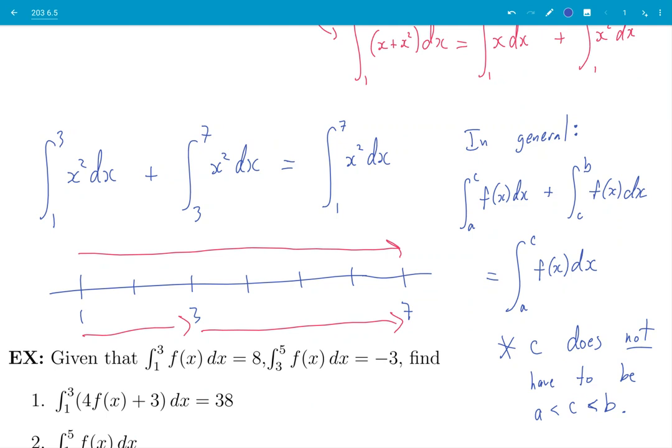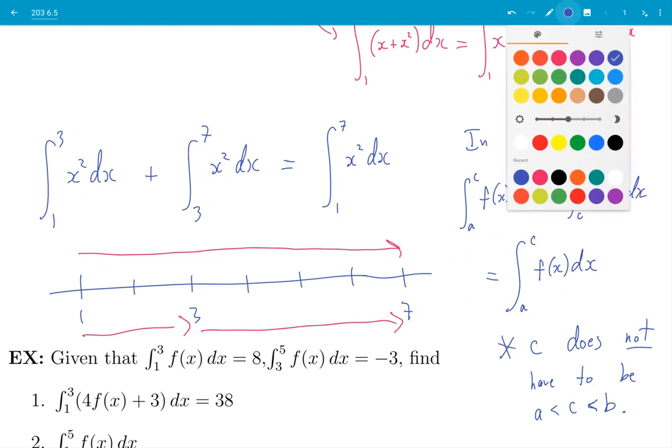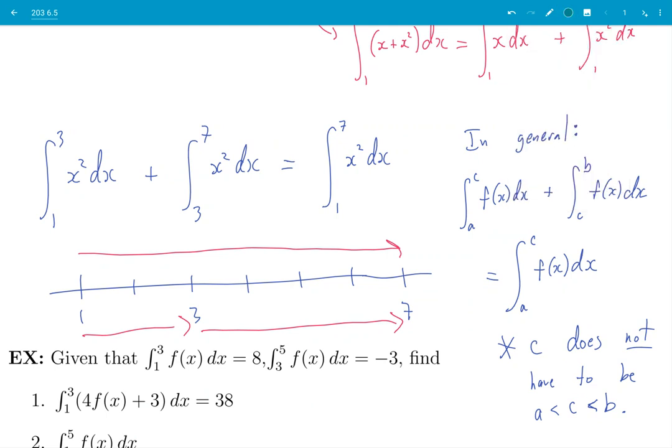Okay, if you draw pictures like this, I think you'll see why. You'll see that it doesn't matter where c is. It can be less than a, it can be bigger than b. In fact, you have full flexibility.